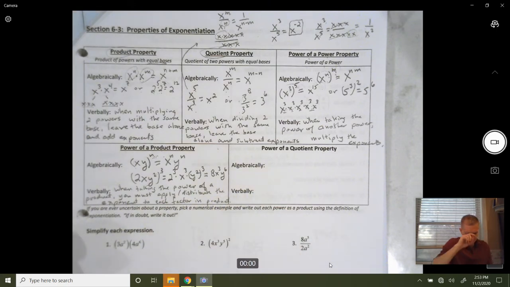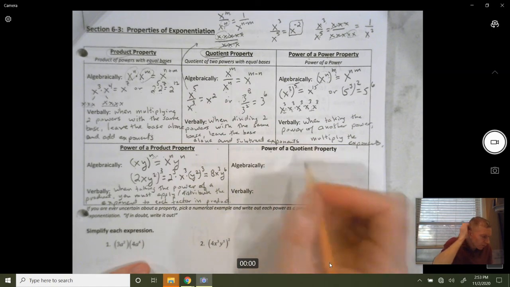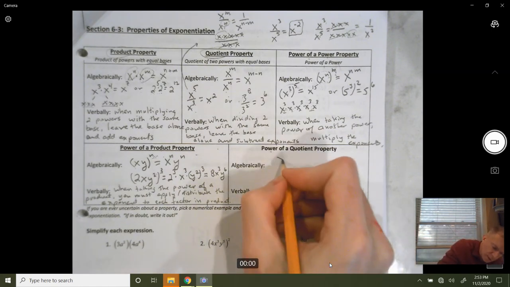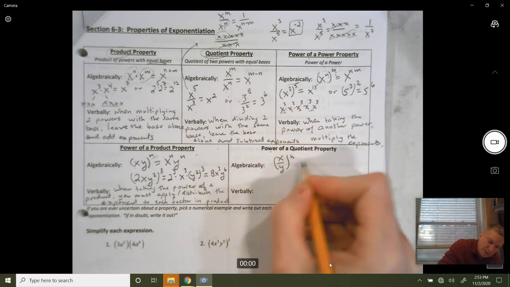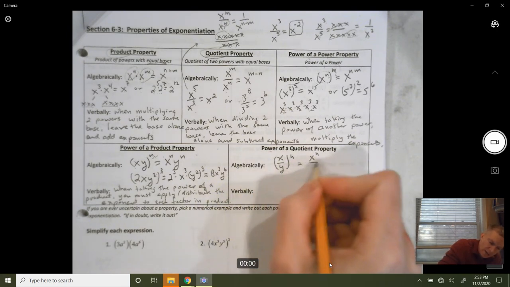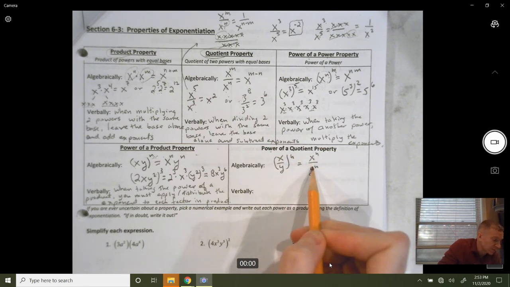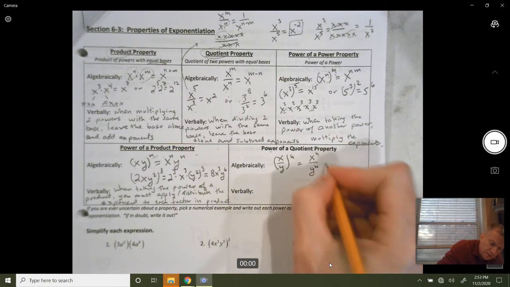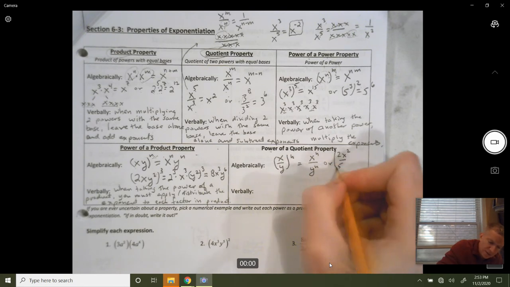In the next one, these two kind of go together. If you have a power of a quotient, so you have a quotient x divided by y raised to the n, that's going to be x to the n over y to the n. So that exponent applies or distributes to both the top and the bottom, the numerator and the denominator. So another example would be 2x squared over 5, and let's raise the entire thing to the third.